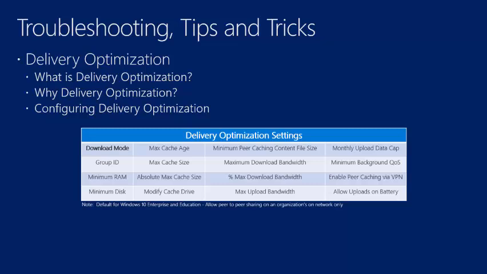There's a group ID where, similar to boundary groups and peer cache in ConfigMgr, you can assign systems by group ID and lump them together. You see settings in here for managing the cache age, the content download file size, and percent max download bandwidth, and on we go, right?